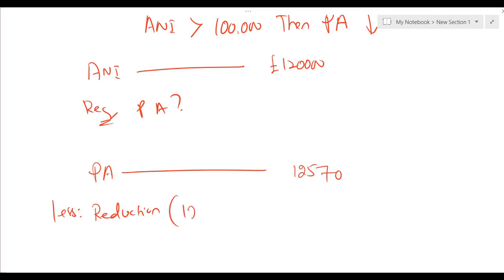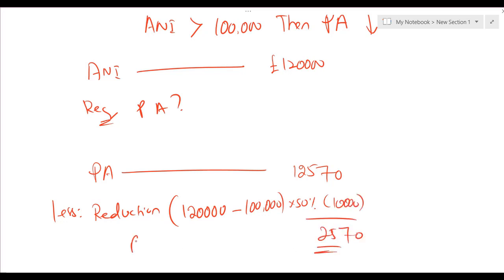You have to take adjusted net income minus 1 lakh, which is fixed, into 50%. So I'm going to get 10,000. 2,570. So this individual will not be getting a personal allowance of 12,570. Logically, this individual is going to get a personal allowance of 2,570.